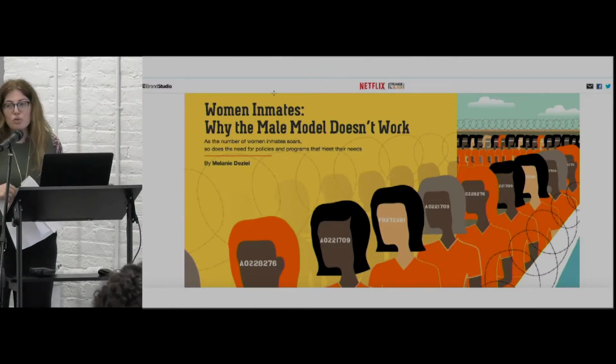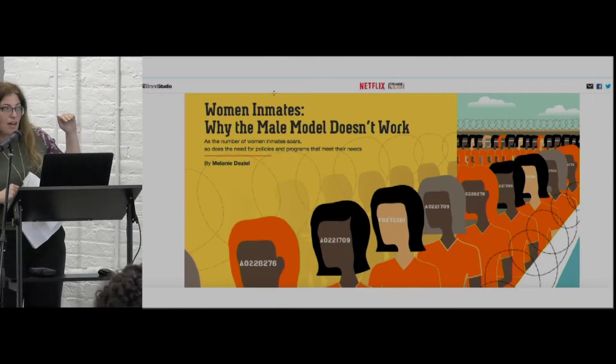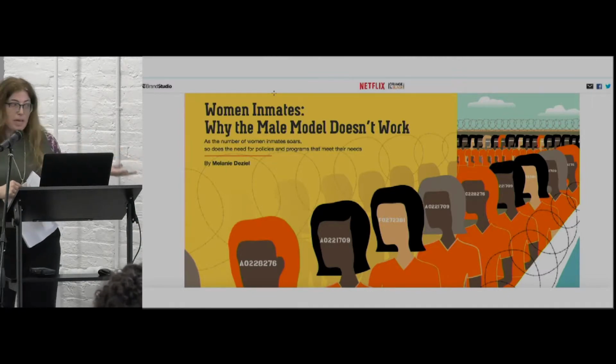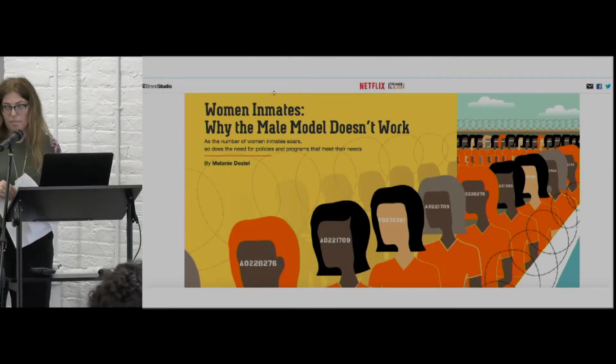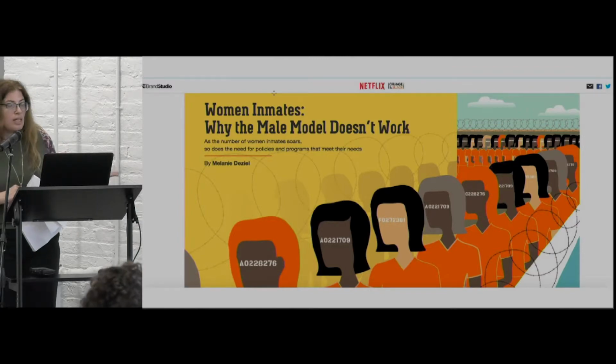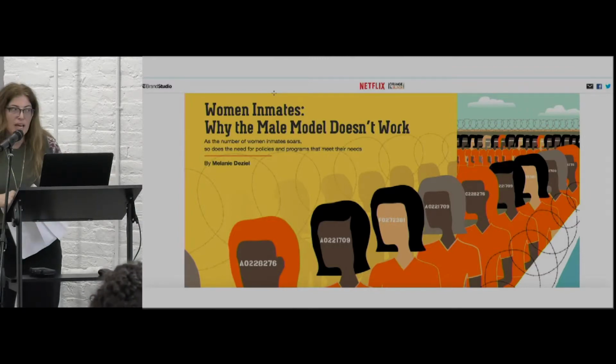Because in a traditional story, you would have a news story about female inmates and their challenges reintegrating into society. And then you would also have an entertainment story about a woman who'd written a best-selling book that had become this hugely successful series. You wouldn't have them mashed up together.